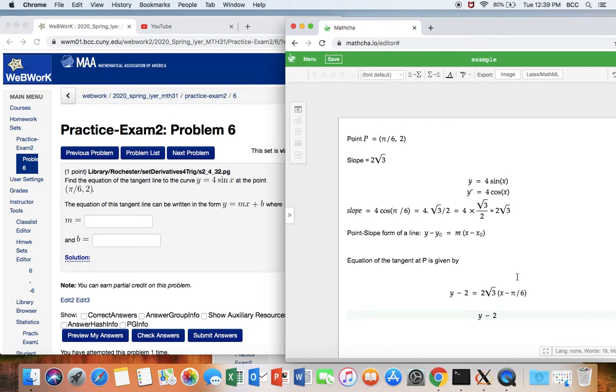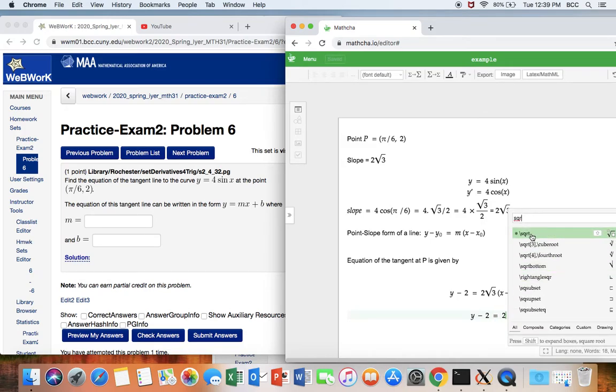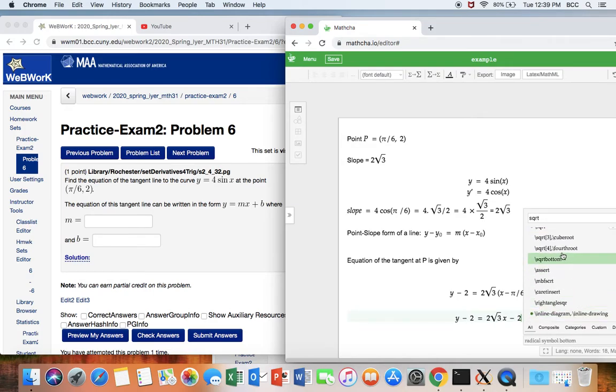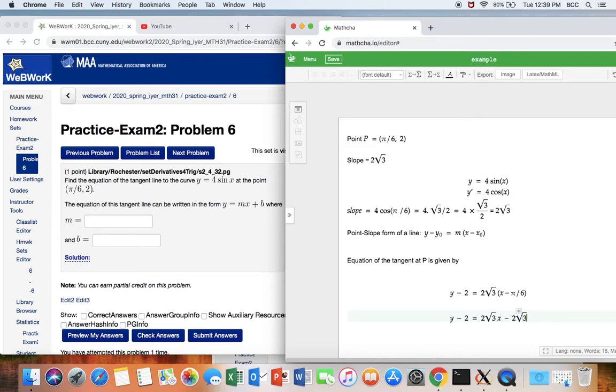Multiplication distributes. So, this is equal to 2 square root 3 times an x minus 2 square root 3 times pi over 6.